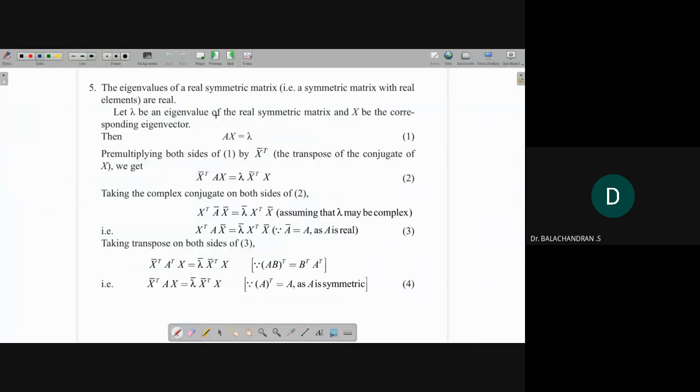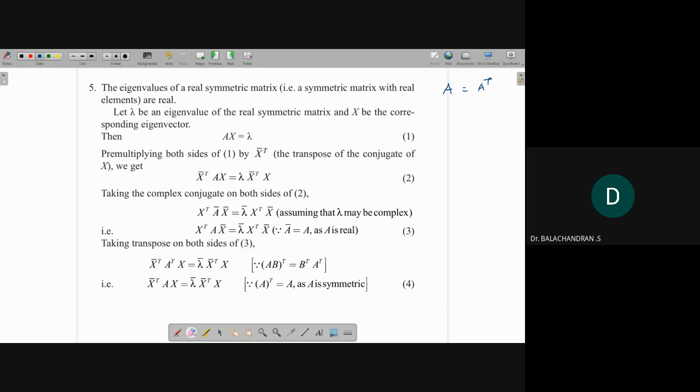The next property is: the eigenvalues of a real symmetric matrix are real. So what does it mean? You know a symmetric matrix: a matrix is symmetric if A equals A transpose. Real means all the entries of the matrix are real numbers.